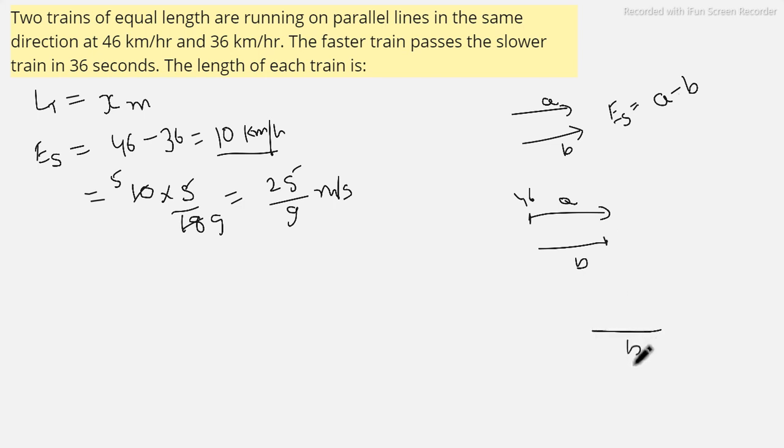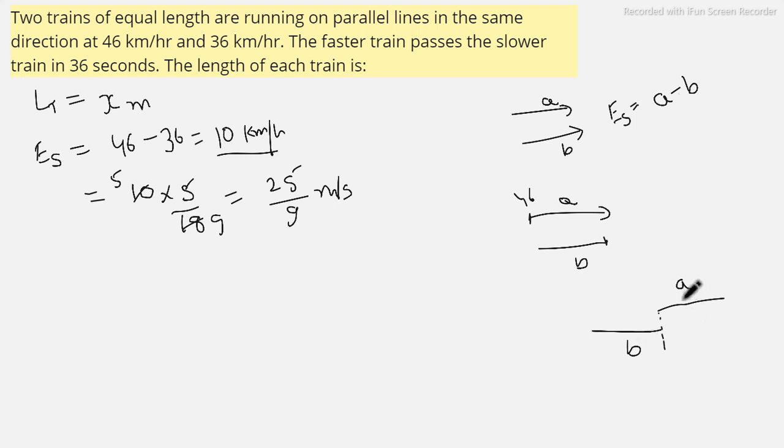If A train is here and B train is here, then only we can say that the A train has passed the B train.